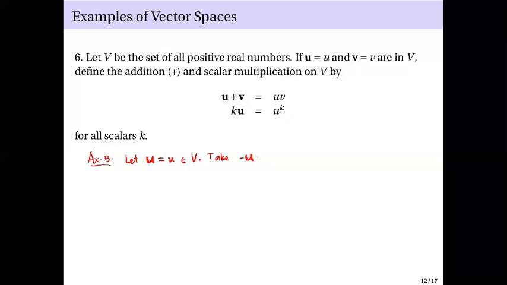Our negative u, we will take it to be 1 over u. And 1 over u is, again, a positive number. So this one belongs to V.